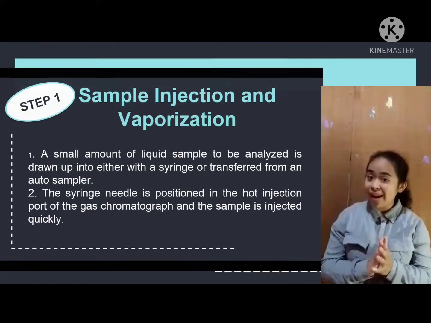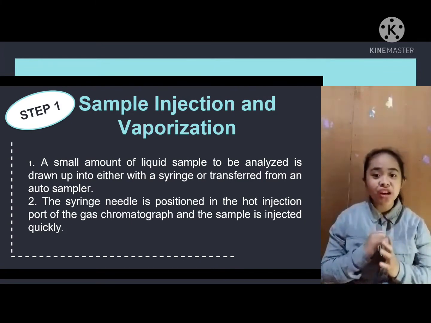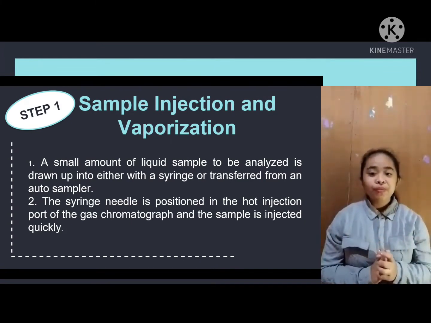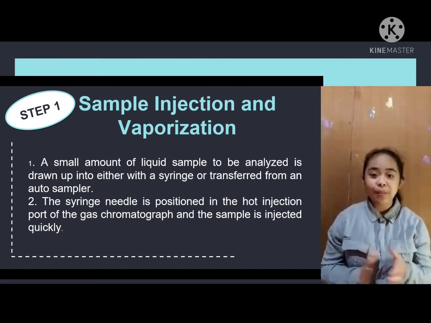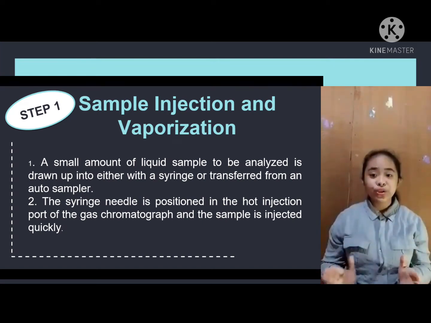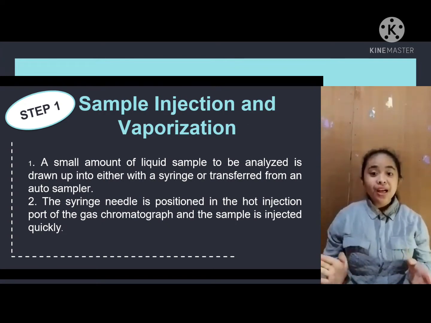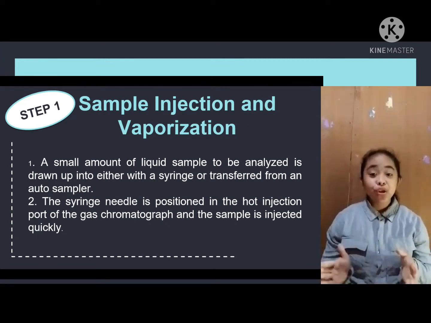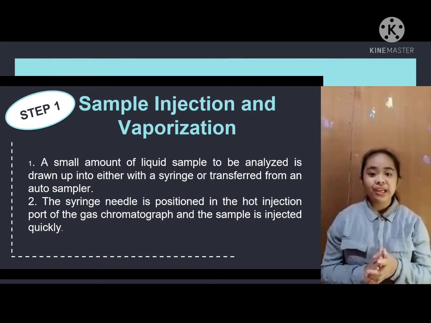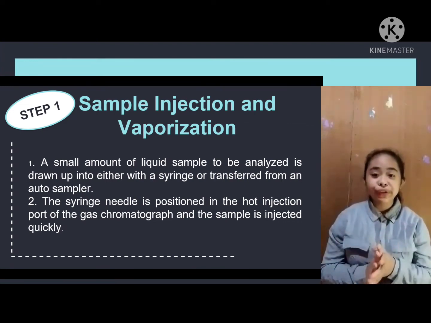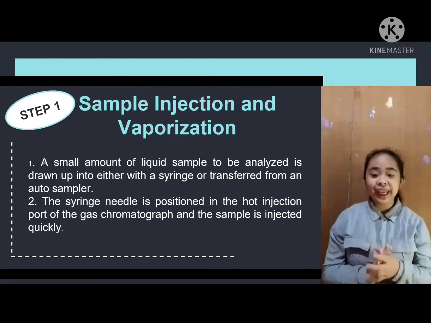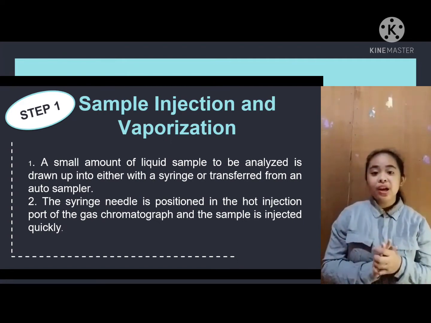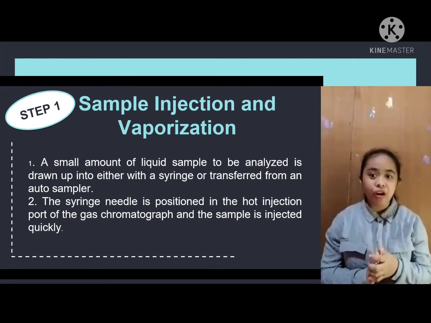Step 1, the sample injection and vaporization. In this step, a small amount of liquid sample to be analyzed is first drawn up either with a syringe or transferred from an autosampler that may also extract the chemical components from a solid or liquid sample.